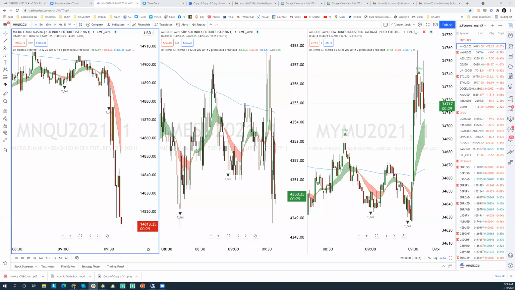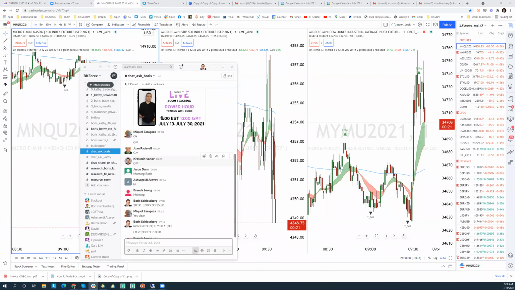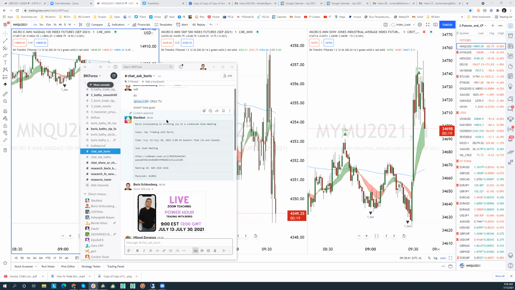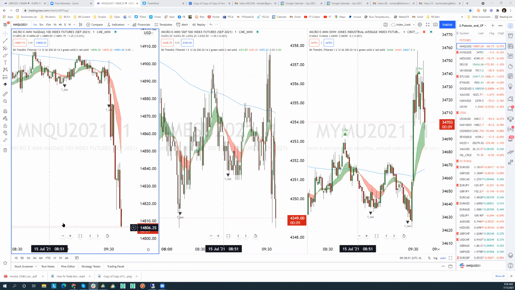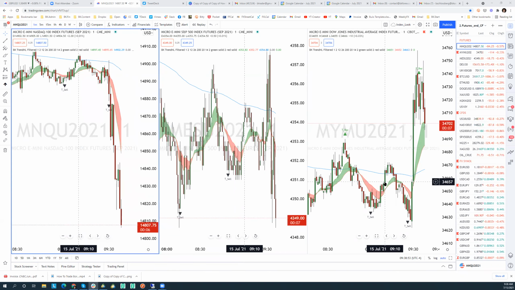Hang on a second. I think I'm going to have to go to the same resolution across all my screens. It's really killing me. So the access to the trend indicator is right here. You just click on it, and it will automatically put it into your favorites folder. It's a private indicator, only available for BK members.